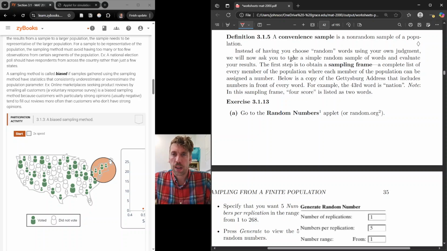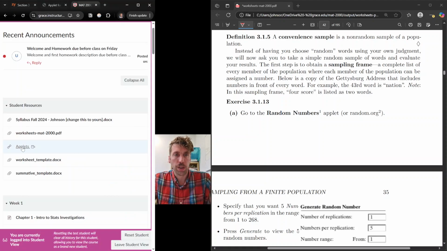Now we're going to do it a little bit better. So we're going to go to the random number applet. Okay, so now we are looking at the random number applet, and this is a different applet, so we can go here.